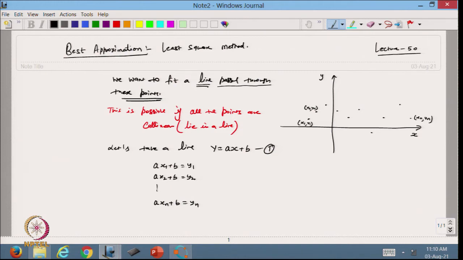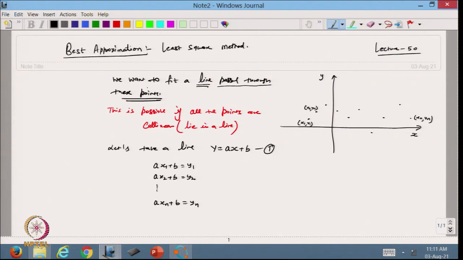So I don't know whether these points are collinear or not, but I want to approximate these points with a line. So I want to fit a line that is passing through these points, and it will pass through all of them only when they are collinear. Otherwise I want to see how the line is going to pass through them.